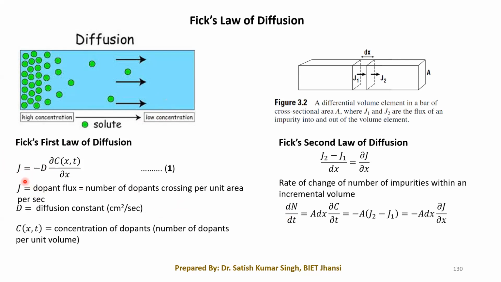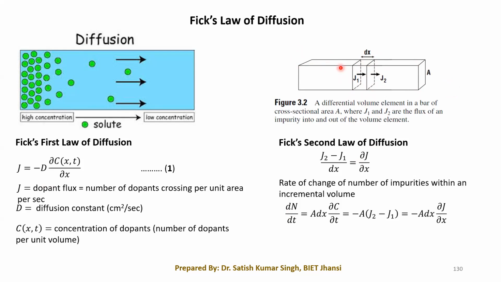This second law says: suppose we have a particular incremental volume, with a certain cross-sectional area at one plane and another plane at this point. Let us say these two planes are separated by a small distance dx, and the cross-sectional area of this section is A, with a uniform cross section.